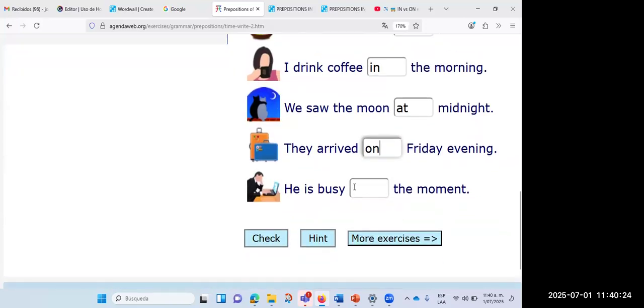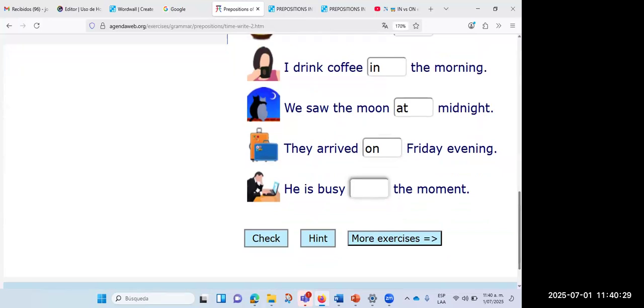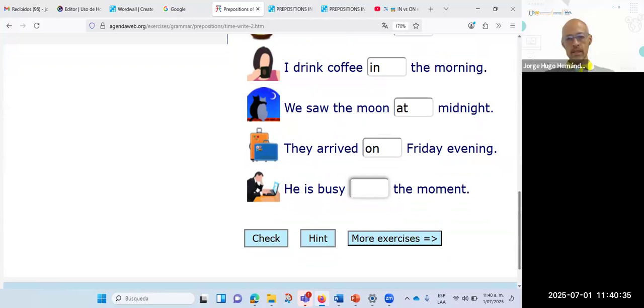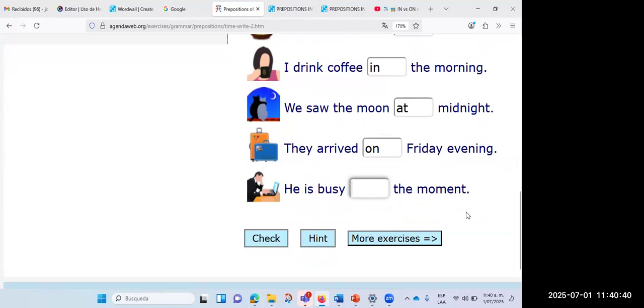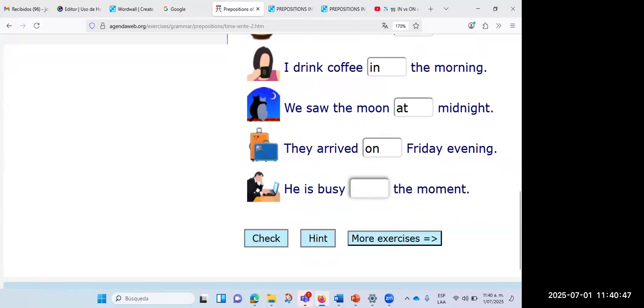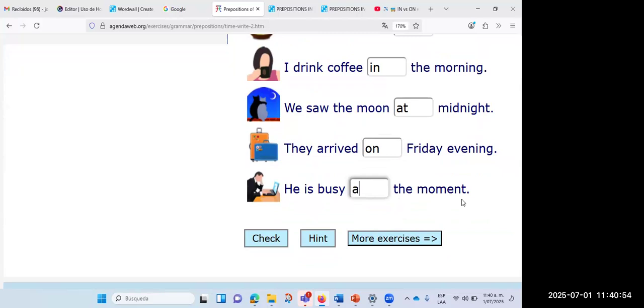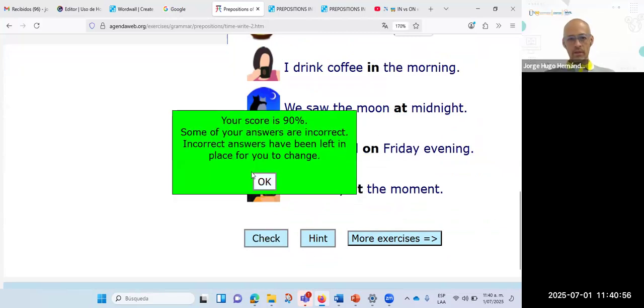And the last one, Sebastián. He's busy. I will say in the moment or at the moment. Choose one. In or at? He's busy at the moment.